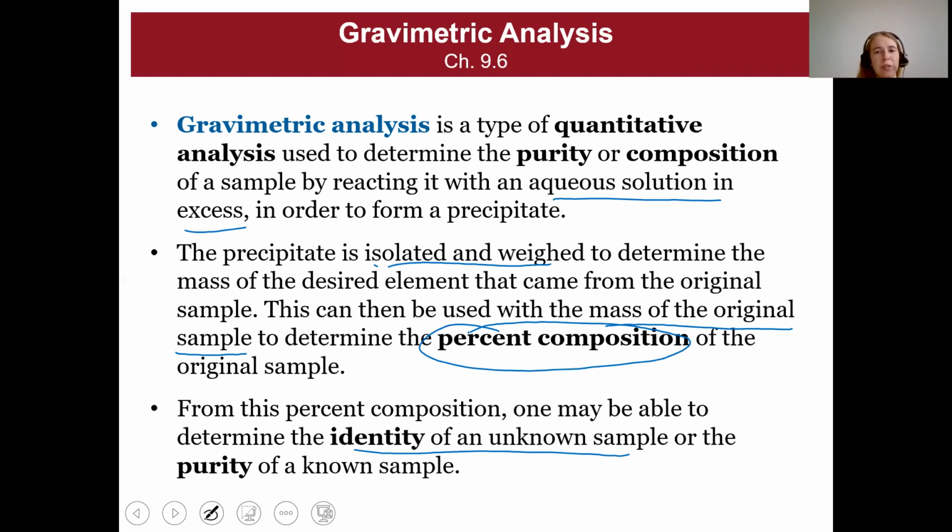Or if we know what the sample is, we can use this percent composition and compare it to what the ideal percent composition is of the pure substance in order to determine the purity of our sample. So we can either identify an unknown sample or determine the purity of a known sample.